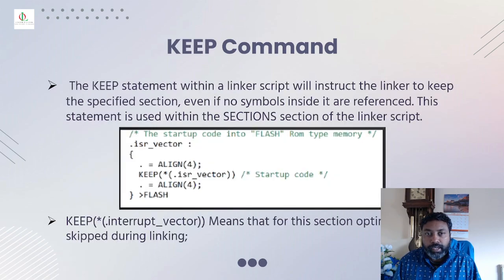Next we move on to learn about the KEEP command. As you can learn from the definition, the KEEP statement within a linker script will instruct the linker to keep the specified section untouched, meaning even if there are no symbols inside.